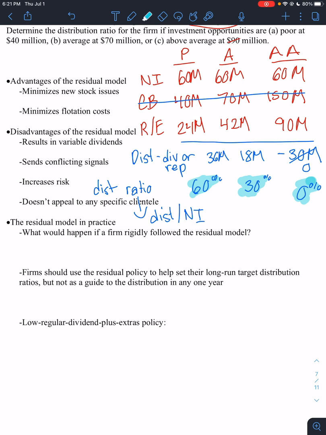And you run the risk that maybe you pay out too much and then the next year additional investment opportunities come about. But because you just paid out whatever you had left over from the previous year, you have nothing coming in from the previous year to help you fund the next year, right? Like maybe if this was, let's say, instead of poor, average, and above average, the years 1, 2, and 3.